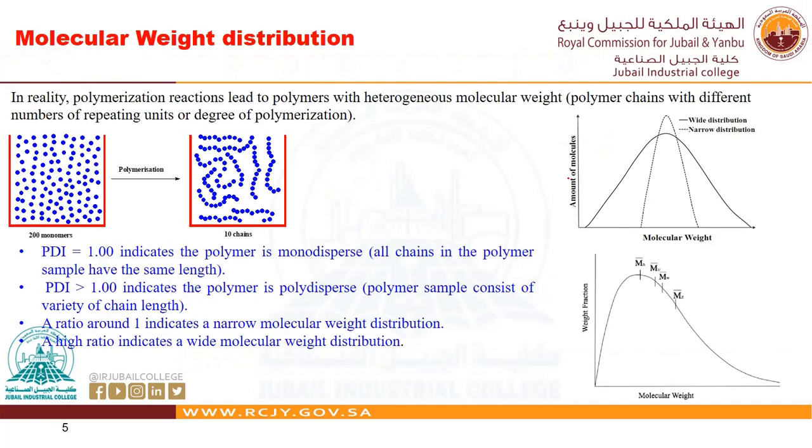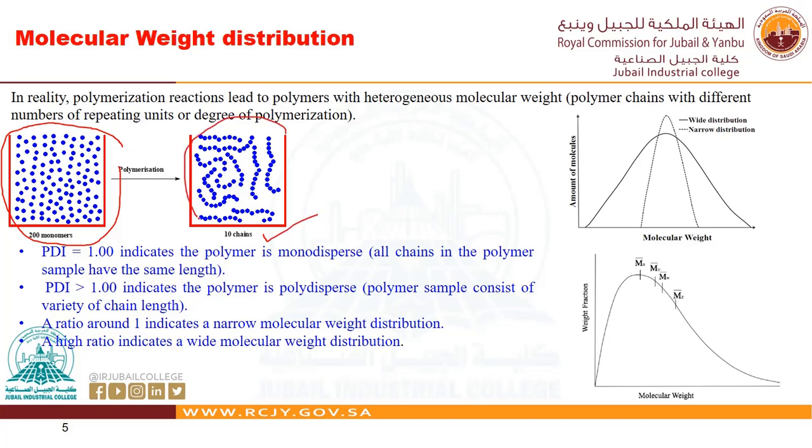But when we talk about the molecular weight of polymers, we talk about average molecular weight, because in reality, for example, you have 200 monomers represented by dots. Under appropriate conditions, they give, for example, 10 chains.